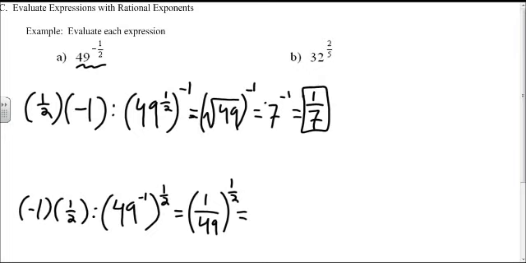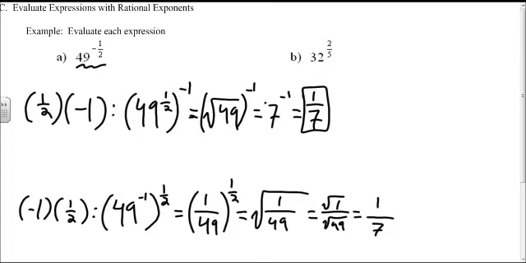Again, we recognize the 1/2 as a square root. It would be the square root of 1 over 49, which we can distribute to each of those. So the square root of 1 over the square root of 49. The square root of 1 is 1. The square root of 49 is 7. So again, we find that our answer is 1/7.